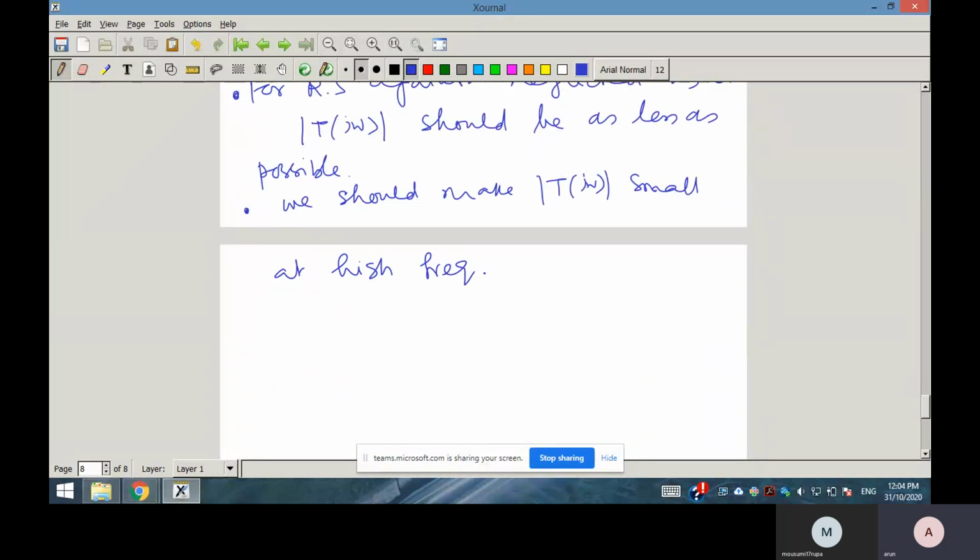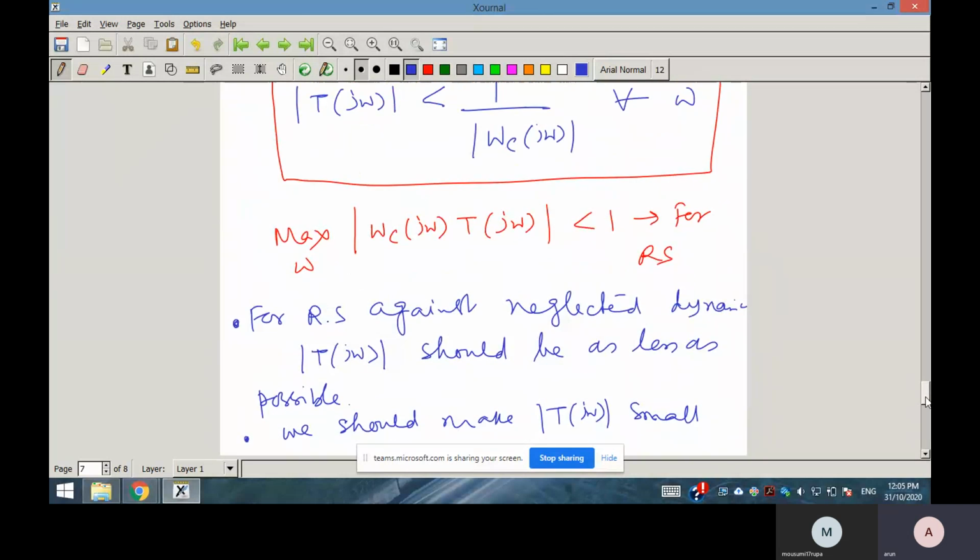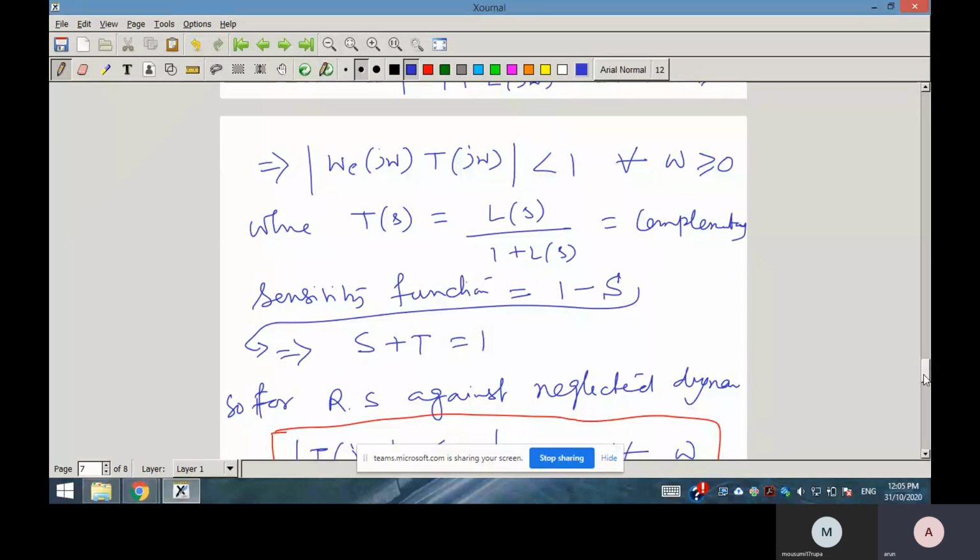This is possible if L j omega is much less than 1 at high frequency. That is clear from the T transfer function: T s is L s by 1 plus L s.